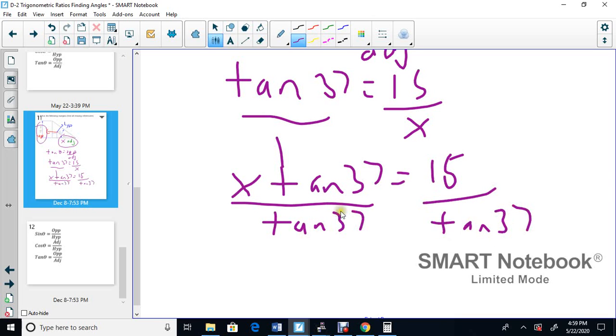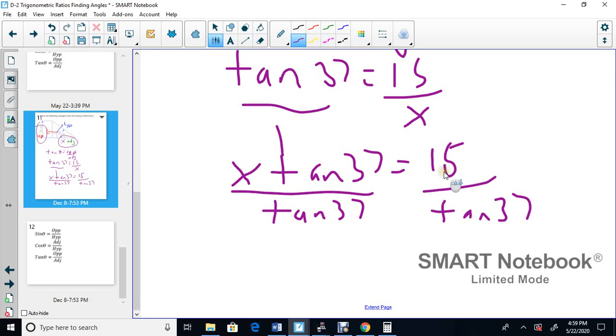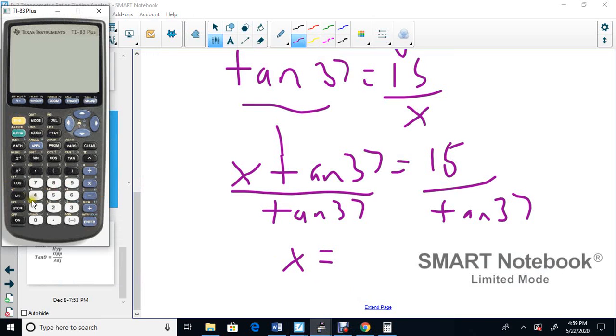There's another way to do it, where you find tan 37 as a number first and then divide by that number. But let's see what x turns out to be. So 15 divided by tan 37. We'll go to my calculator here: 15 divided by tan of 37.